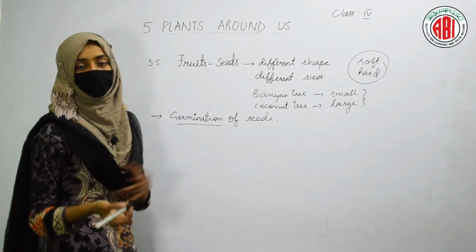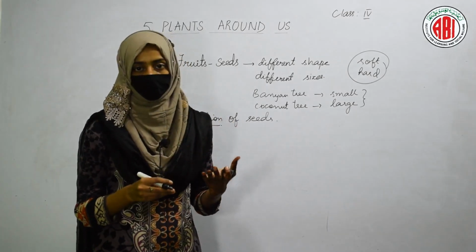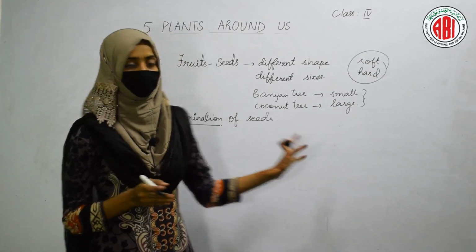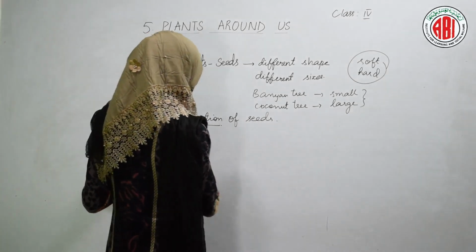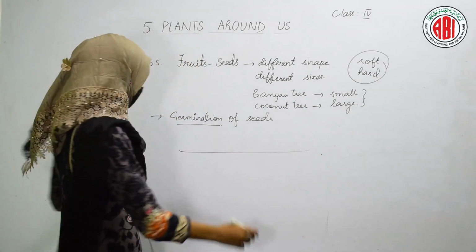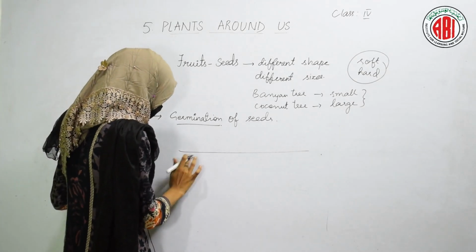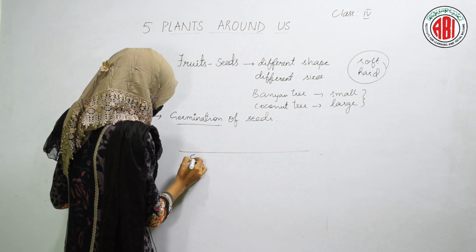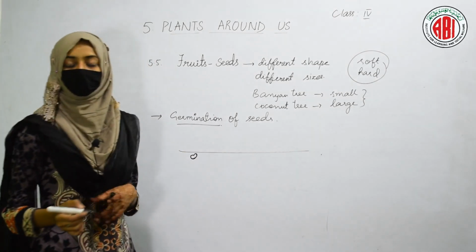Here the word germination means when the seed grows into a new plant. The development of the seed into a new plant is called germination. For example, if this is soil and here you are sowing a seed. Here we'll take one example.